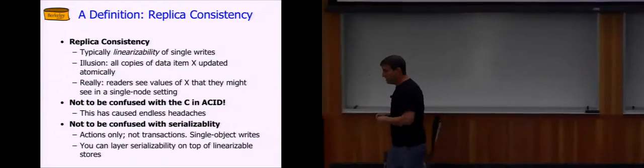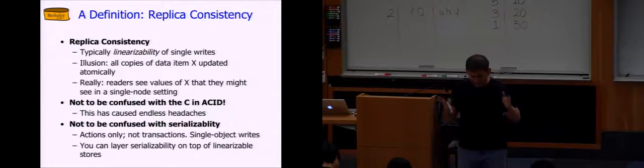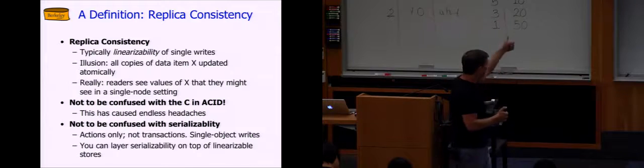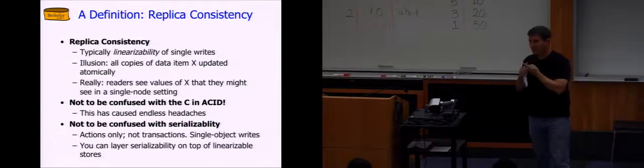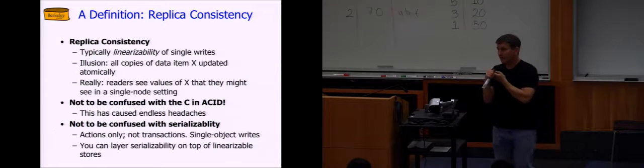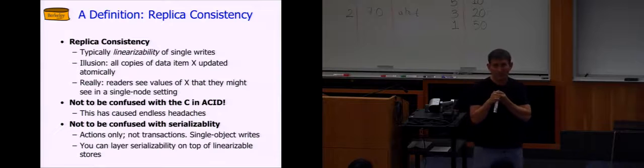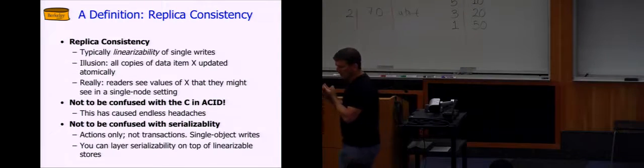Now, linearizability is also not to be confused with serializability. Okay, we know what serializability is. It was about transactions. It was about you have a whole set of actions for a transaction, and it's as if they ran in isolation, right? That's serializability. Linearizability is only about single actions. It's not about transactions. It's a property of a single write. And all it's saying is that that single write to that single object was atomic. It's a much weaker thing in a sense, but it applies on a different dimension.